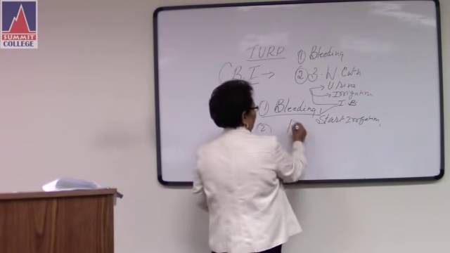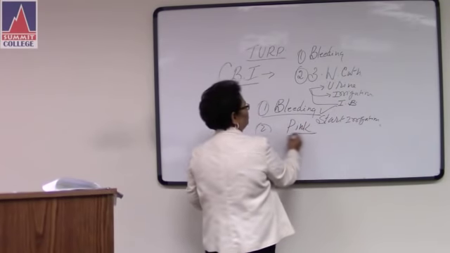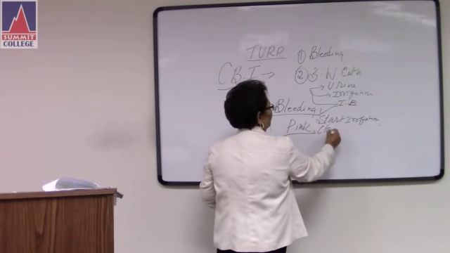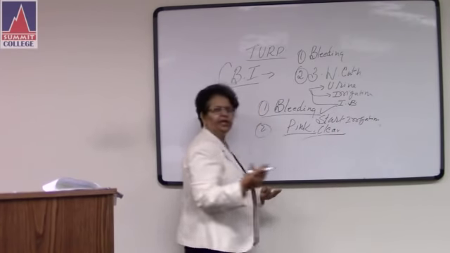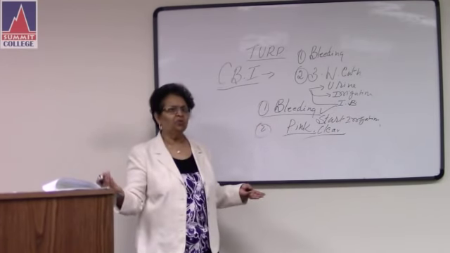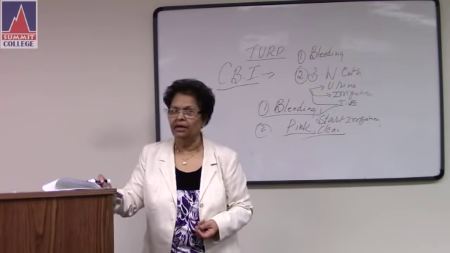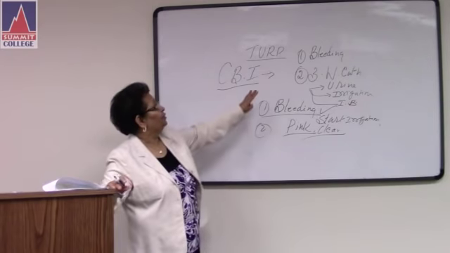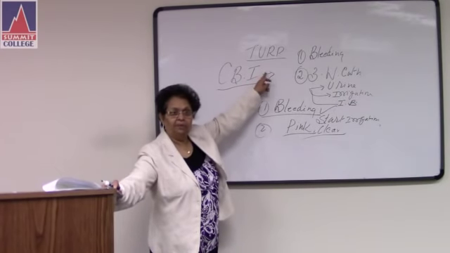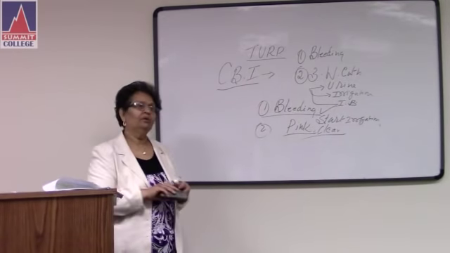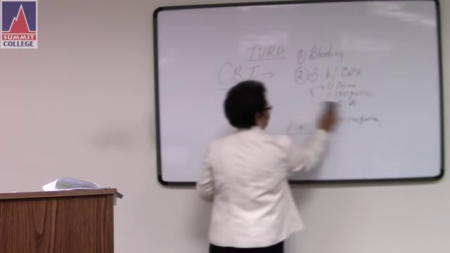Pink is a good color, but if they're saying red, that's not good. Pink or clear, then we will stop. Usually 48 to 72 hours, depending on how clear your catheter is. Everyone is okay. Now these are your questions with TURP.